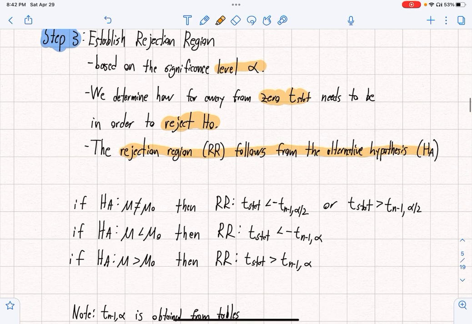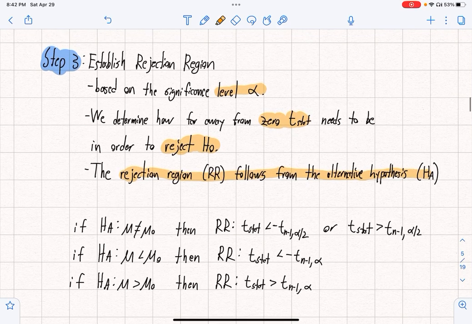There's a one-to-one correspondence. If we have a two-sided test, so the alternative hypothesis is mu not equal to mu naught, then our rejection region is t stat less than negative t_{n-1, alpha/2}, or t stat greater than t_{n-1, alpha/2}.